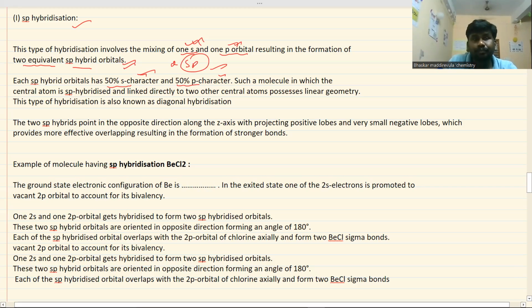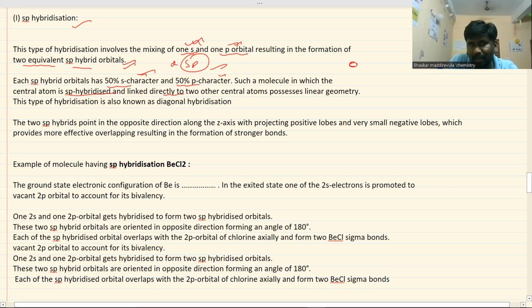Now, in the molecule, the sp hybrid orbitals link to the central atom, so they possess a linear geometry. Suppose there is a central atom.